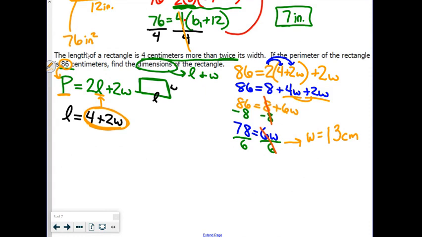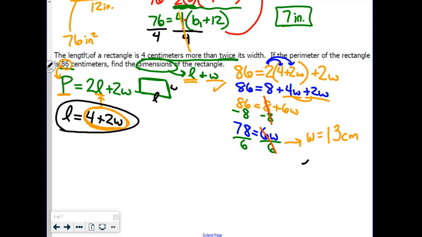But it does ask us to find the dimensions, which is not just the width. We've got that done, but now also the length. And actually, we can use this old formula that we wrote over here, this length formula. Because now we know what W is, right?